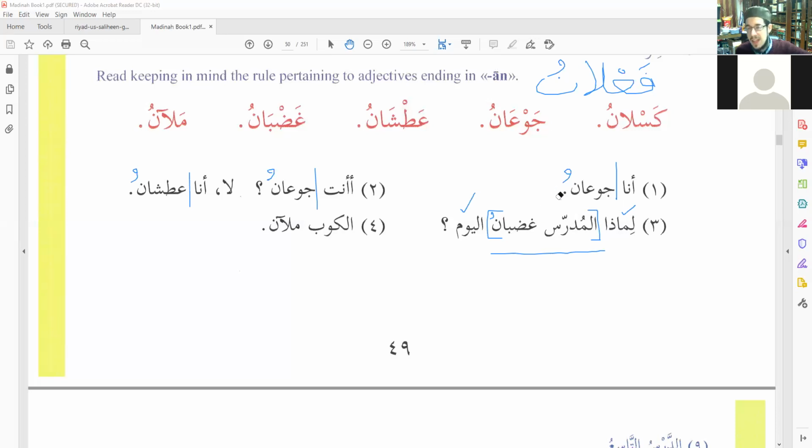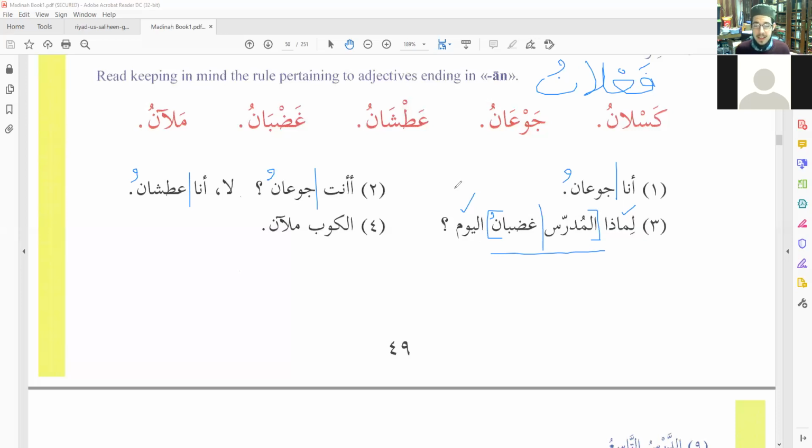The teacher is angry. Mubtada khabar. So, ghadbanu is the khabar. It is nakira, but it is mamnu' min as-sarf. And so it will not ever have a tanween. It doesn't have an alif lam simply because it's khabar. And khabar is nakira. Whereas limada just adds a question, and al-yawm, it specifies the time.